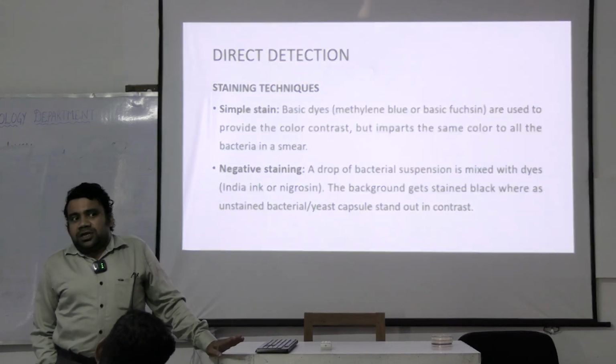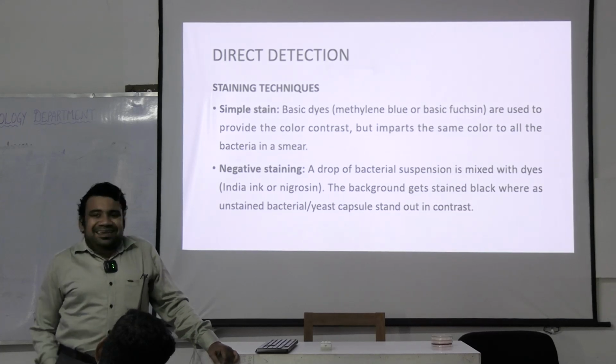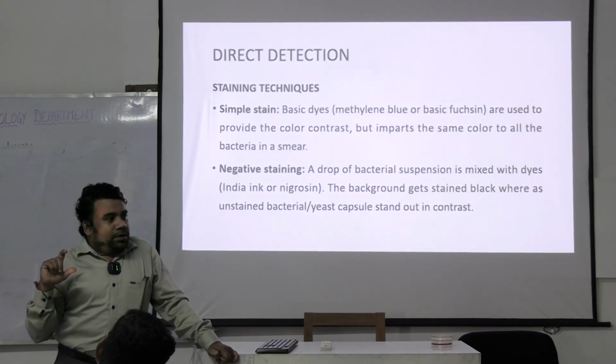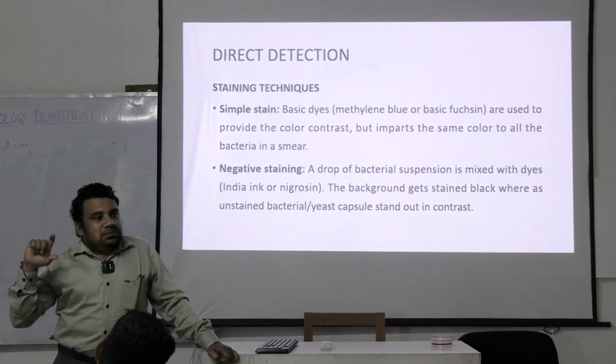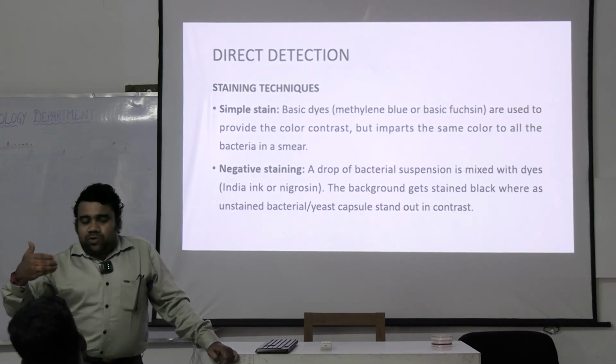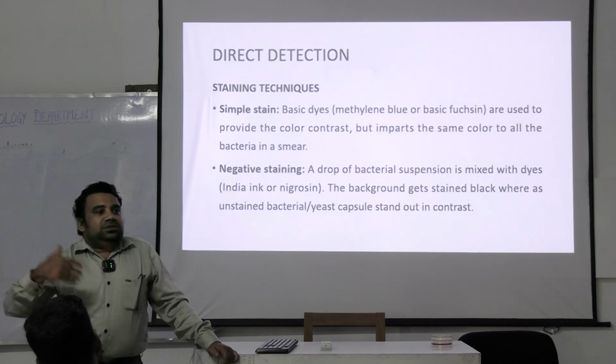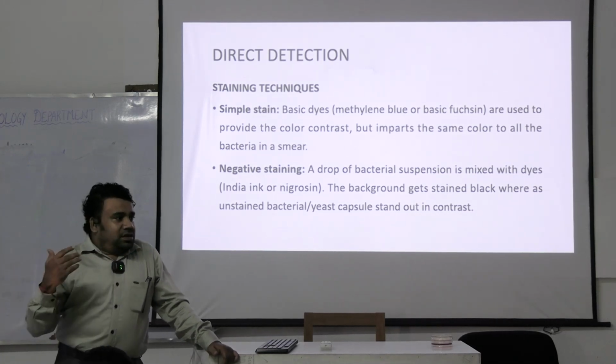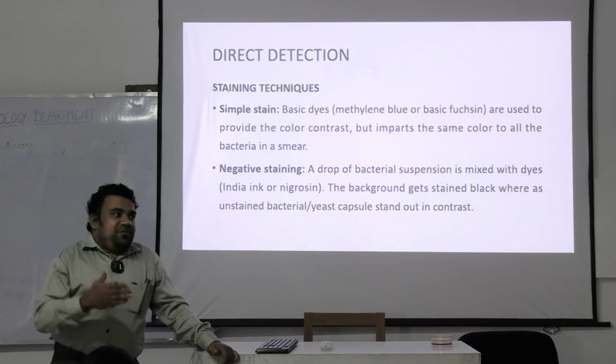Just think of the negative prints that used to be available earlier in photographic films. When we look at the photograph that has been developed, it looks beautiful, with the person vividly in color. But if we look at the negative print, what will happen?